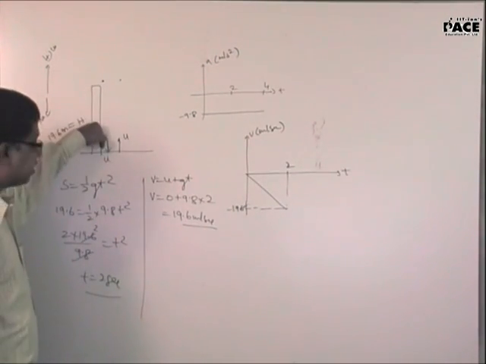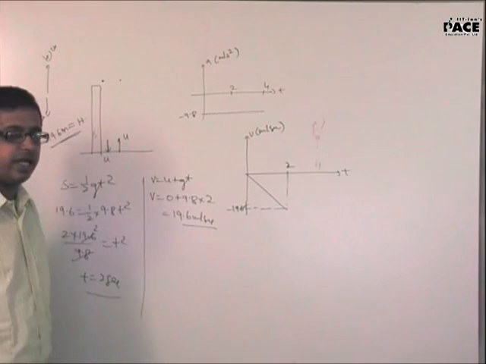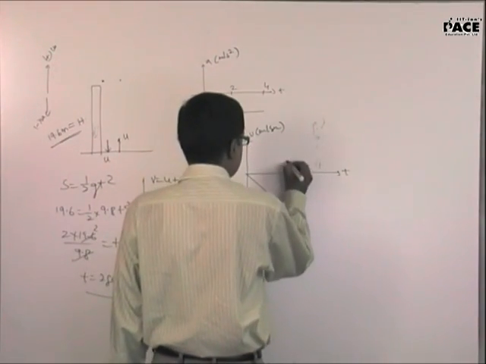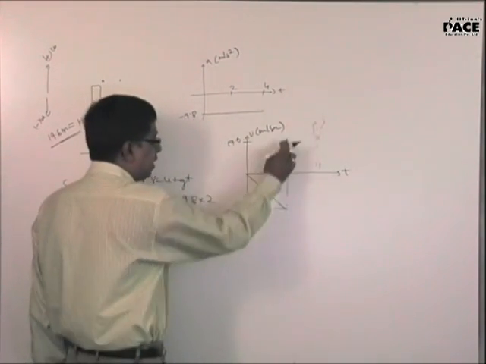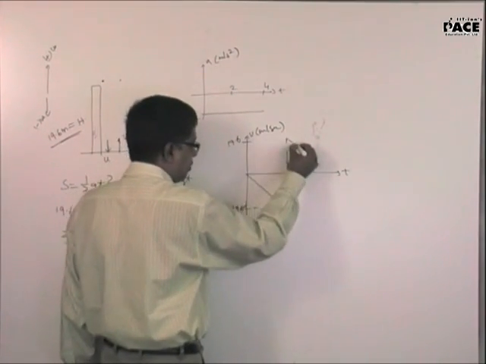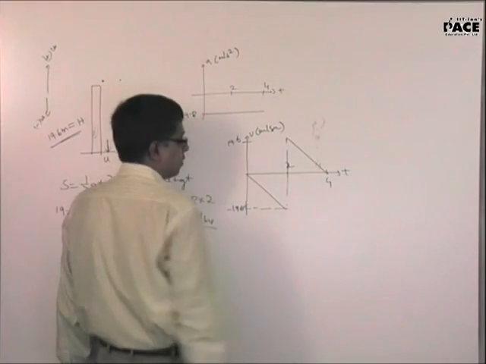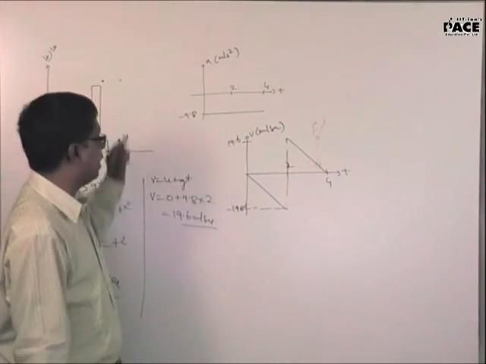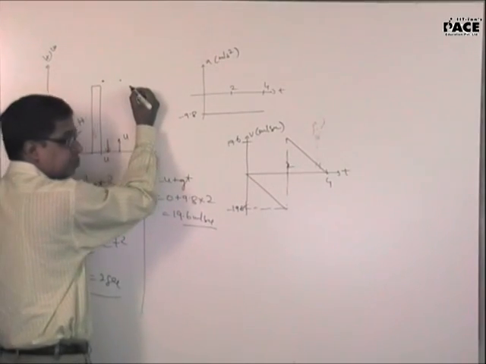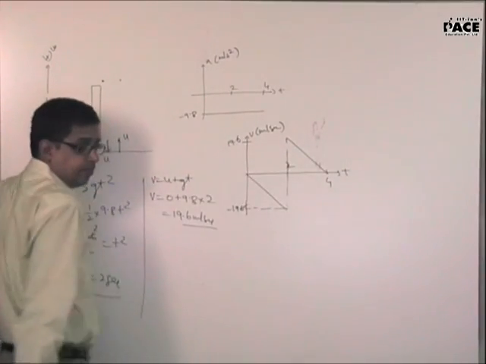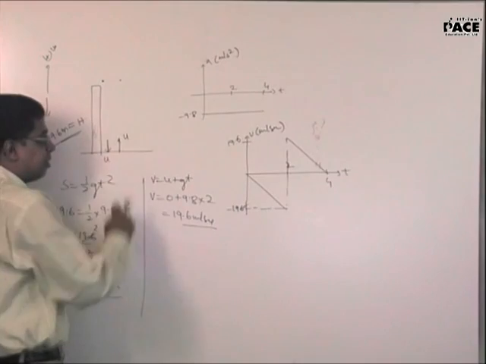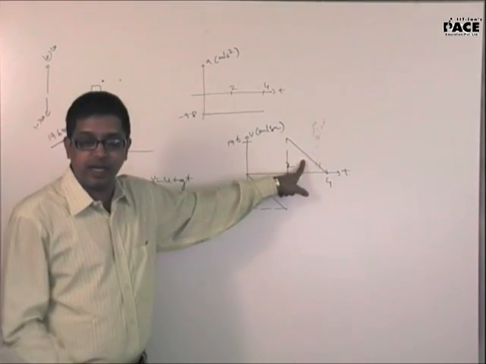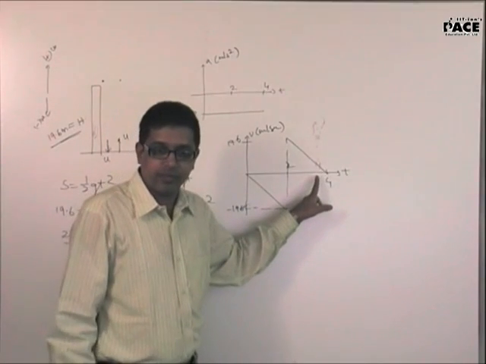It is rising up with 19.6, which means this will be 19.6. So the moment it collides, it becomes plus 19.6. And from there it becomes 0 again when it reaches the highest point. So when it is going up, velocity is positive, so it will be in this quadrant. But at the same time, remember, though the velocity is positive, acceleration should be negative. So the slope should again be negative.